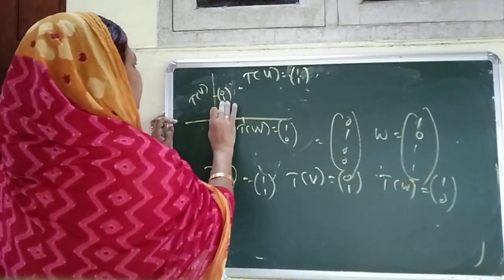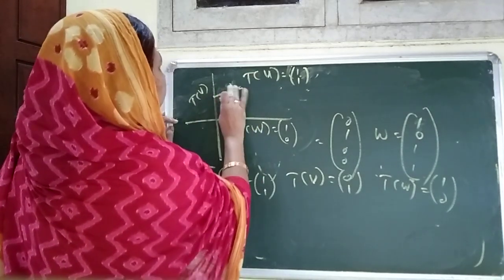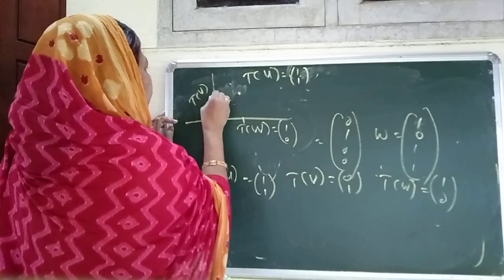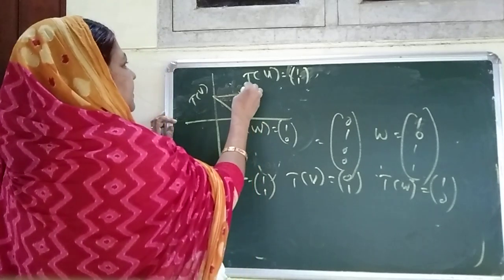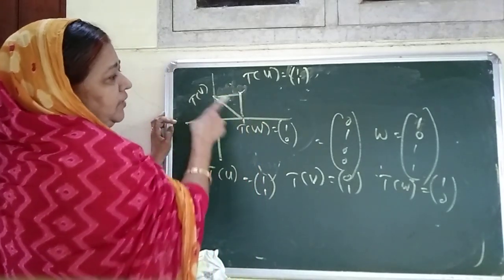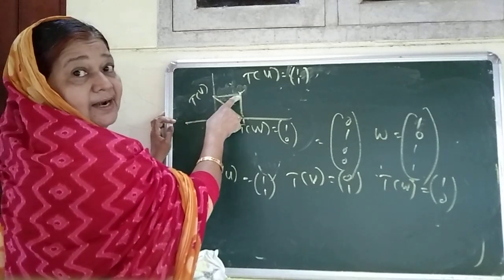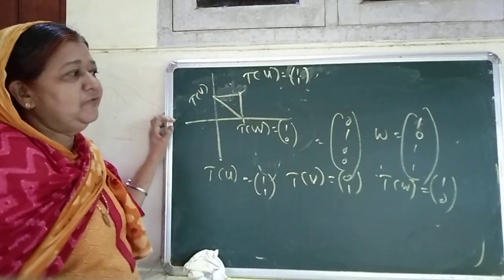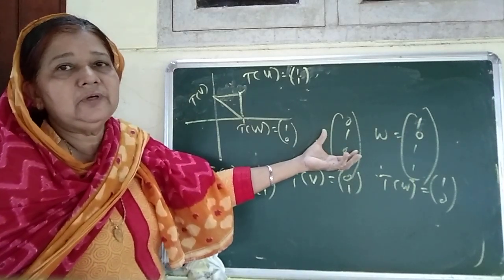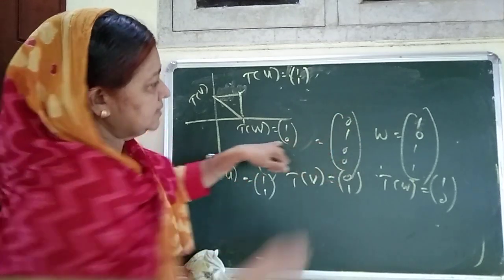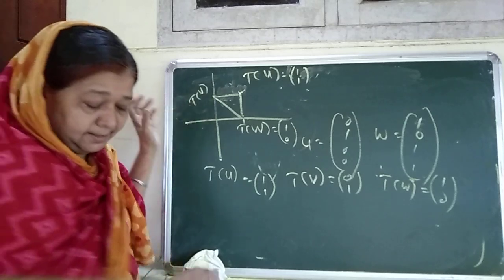If we join these 3 points, T of U, T of V and T of W, we get an equilateral triangle of length 1. Therefore, this transformation T from R4 to R2 transfers these vectors U, V, W to an equilateral triangle.